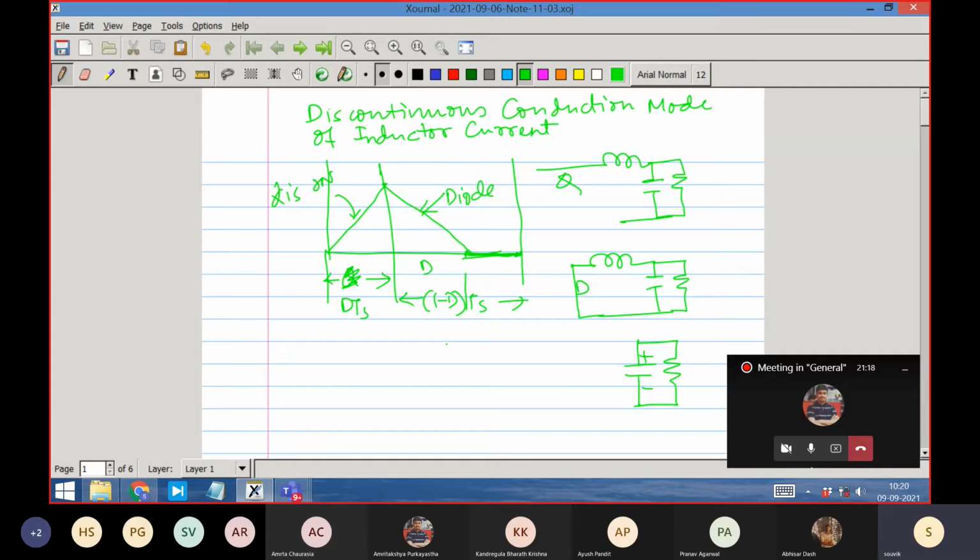If you increase TS, that means switching frequency reduces, then delta IL increases. So at a certain point of time, you will land up into discontinuous conduction.